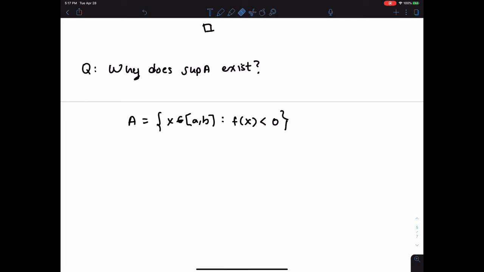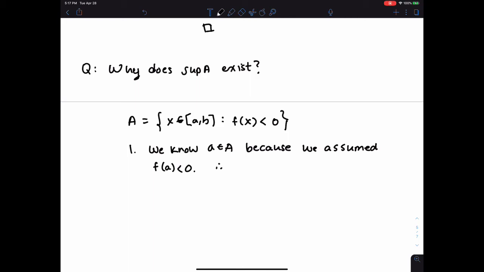Well, we know that a is in A, because that's our assumption. We assumed that f of a was less than 0 and f of b was greater than 0. So we know a is in A because we assumed f of a was less than 0. So therefore, A is non-empty.